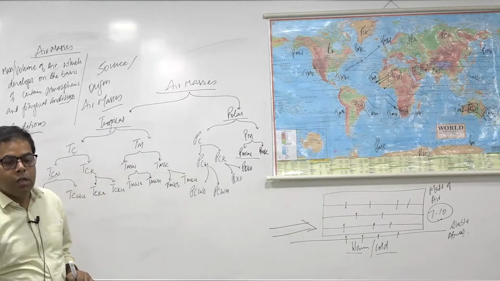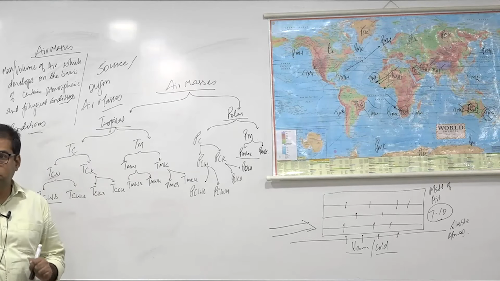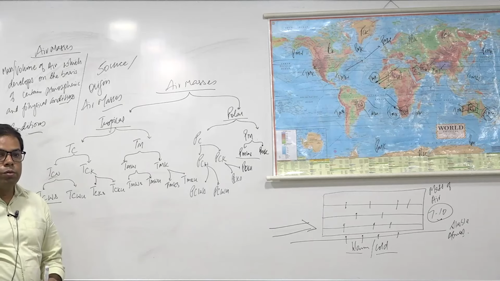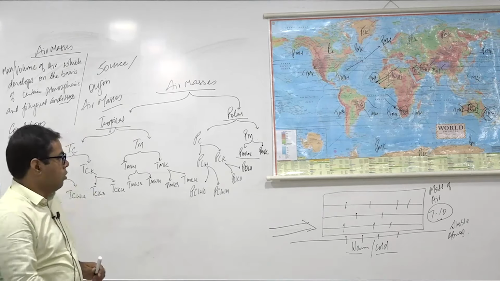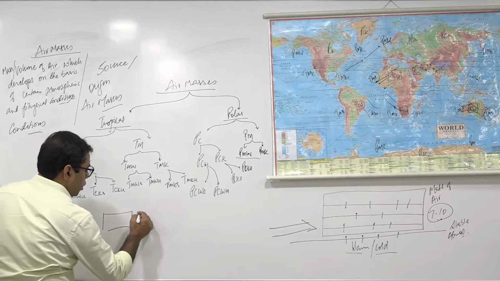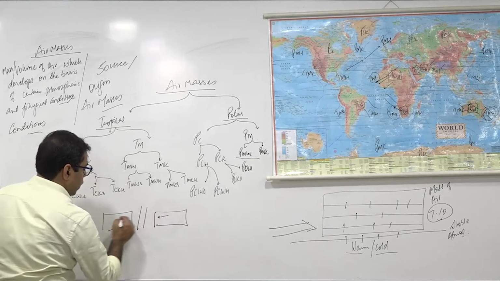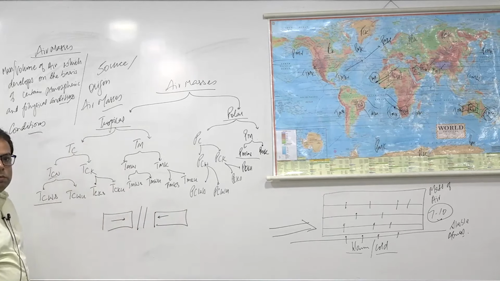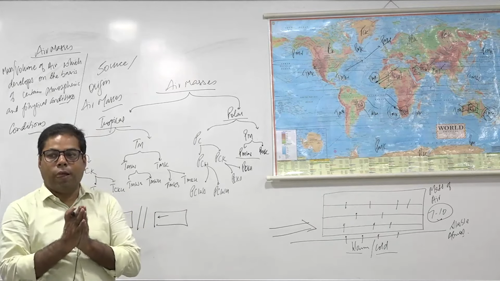Clear? अभी यहाँ पे क्या हो रहा है? Polar maritime warm is meeting the polar maritime cold. तो क्या बनेगा यहाँ पर? There will be warm and cold air masses again mixing where? They will mix at the margin of continents, right?